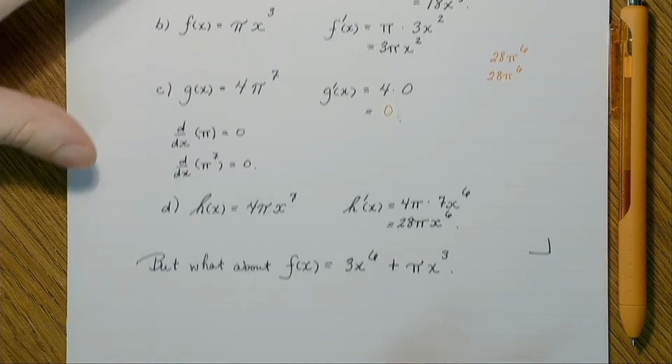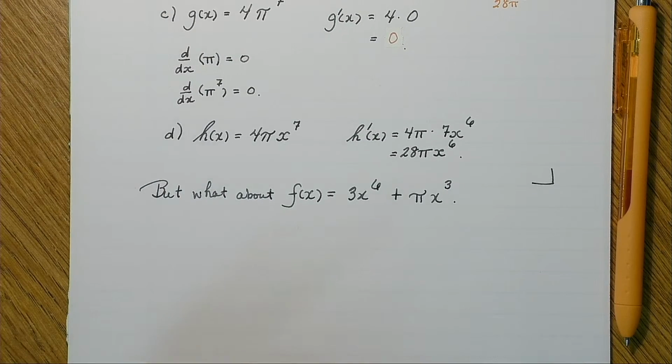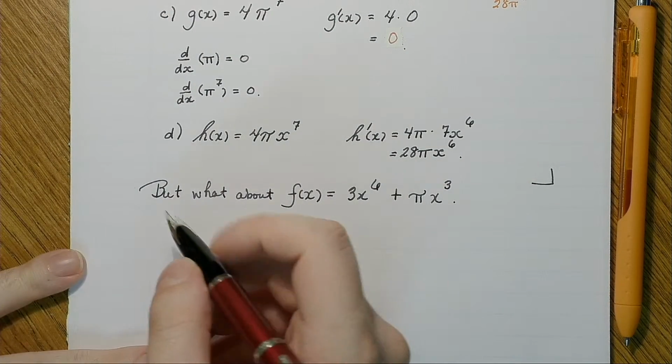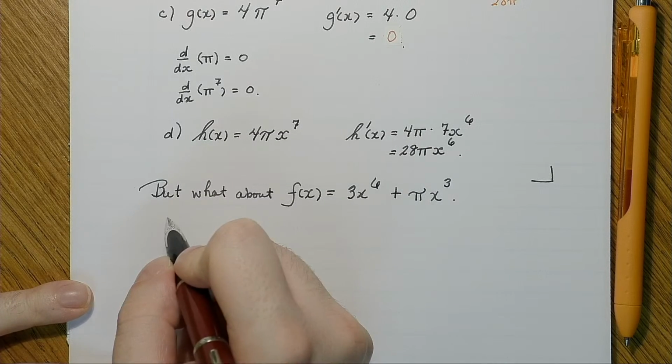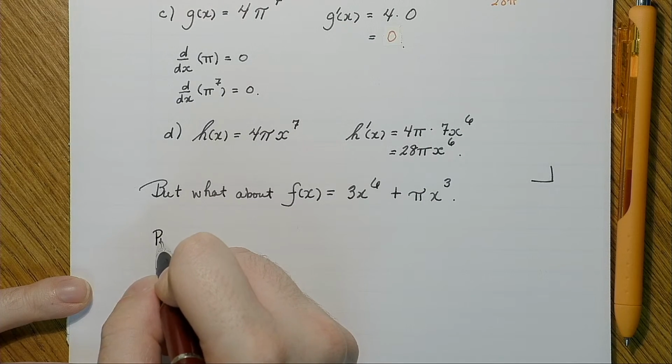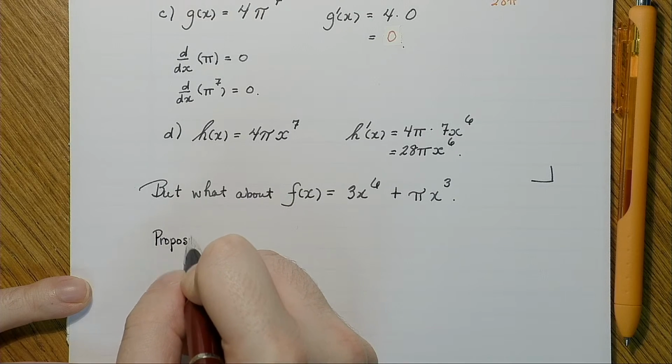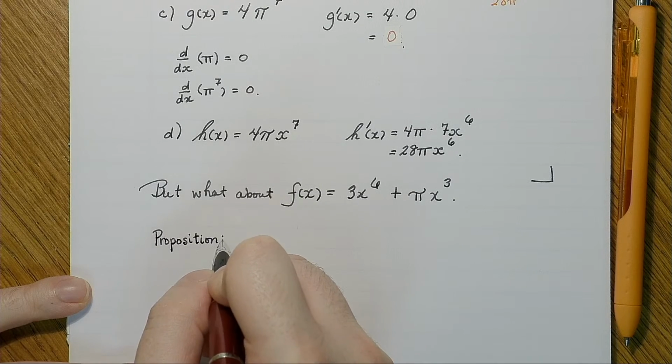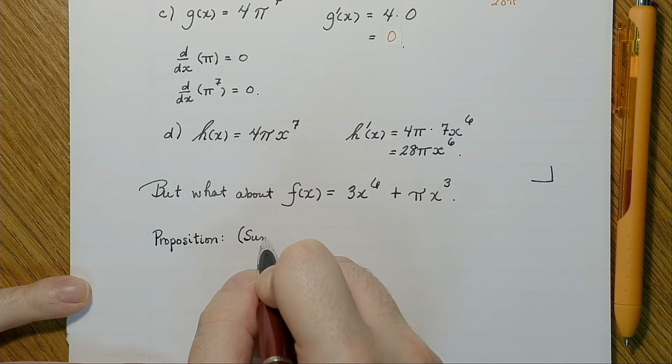Do we have rules for that? The answer is yes. And the answer is in the form of, let's do a theorem or a proposition. And it's the sum rule.